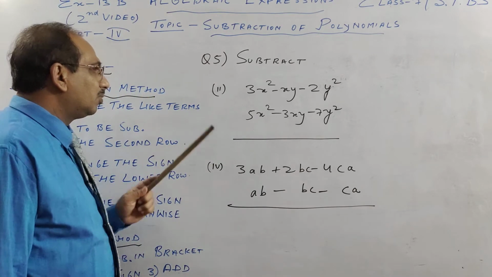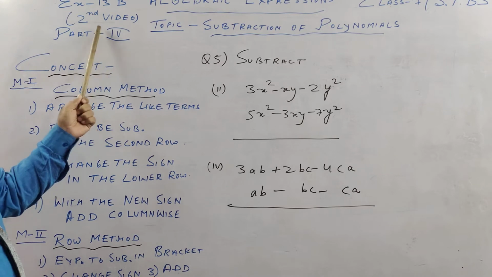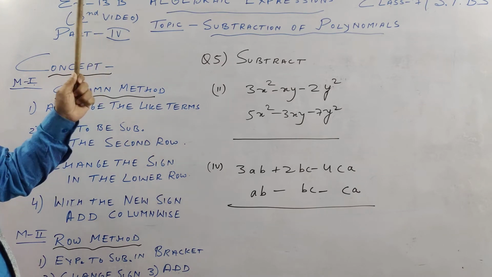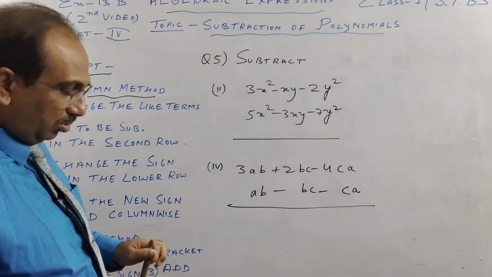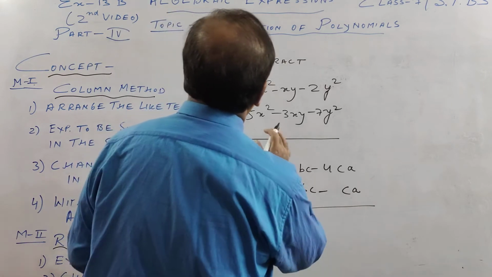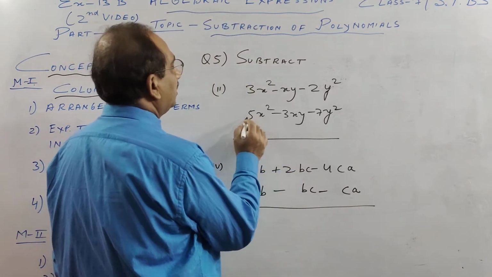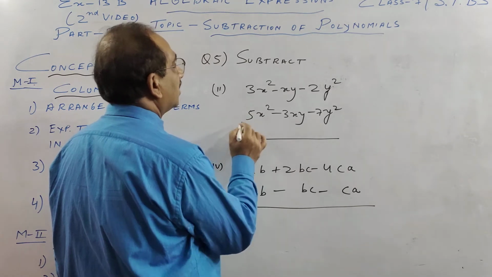Here we go. Question 5 part 2, because up to 4 I have done in my part 3, that is the first video of 13b, where I did subtraction of polynomials. What we do first, children, in subtraction, is change the sign. Here nothing means plus is there, so you put a minus sign.